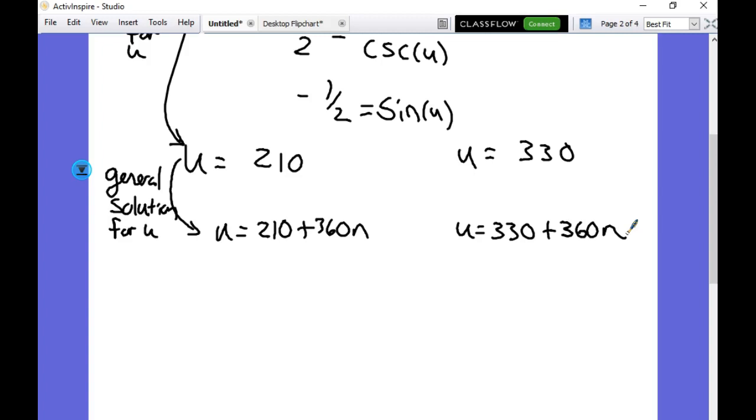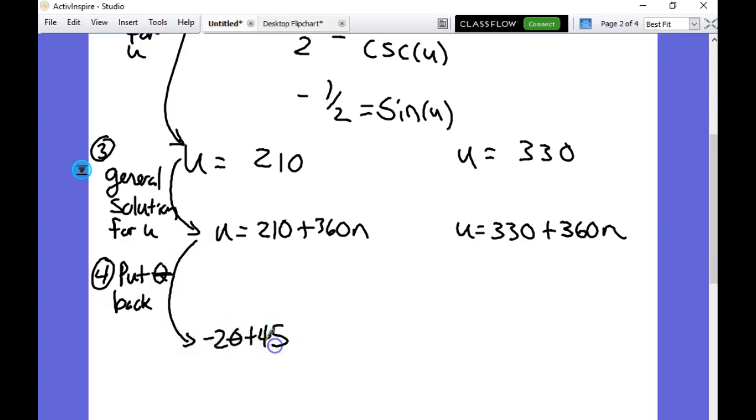This is where we're going to bring theta back. So I found out what U is, but I'm going to use that to find out what theta is. So this is step 3. Step 4: put theta back. What do I mean by that? What does U actually equal?